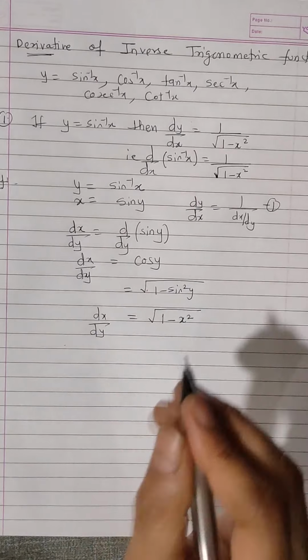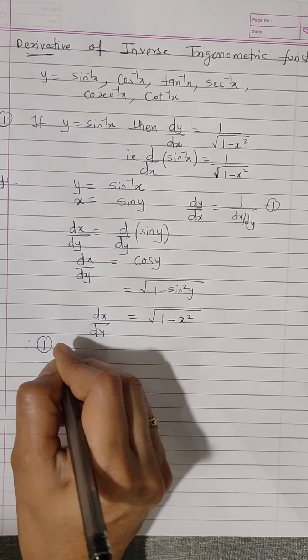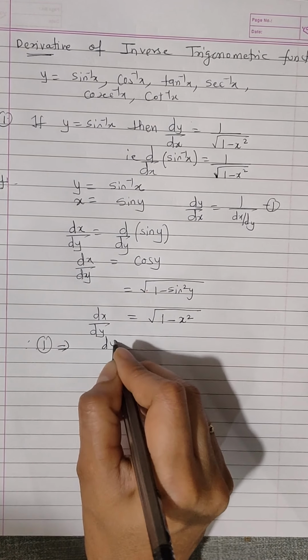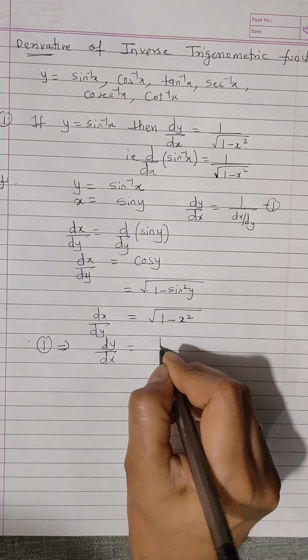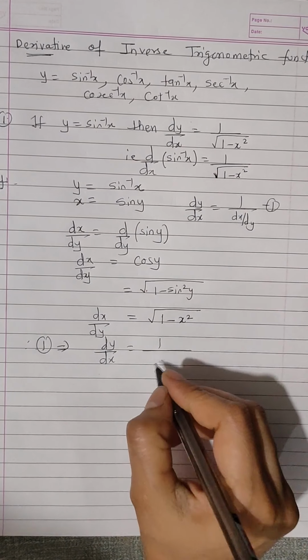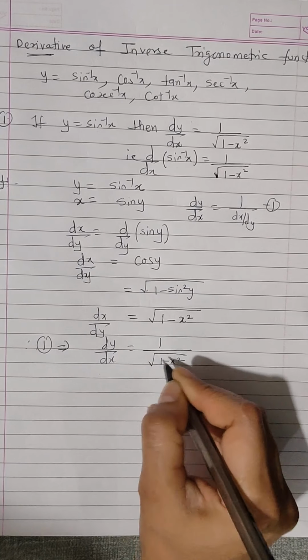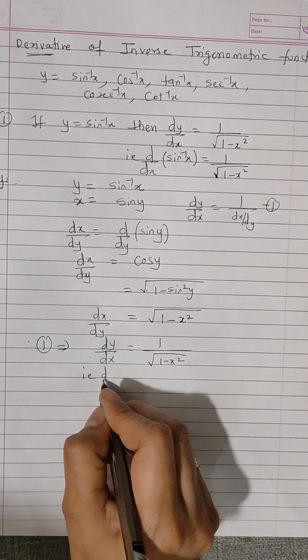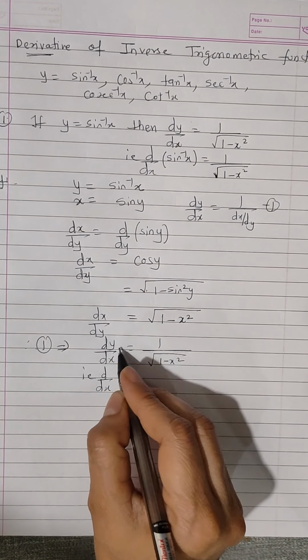This is dx by dy. Therefore equation 1 implies dy by dx equal to 1 upon dx by dy, which means 1 upon under root of 1 minus x square. That is the derivative of y. What is y?